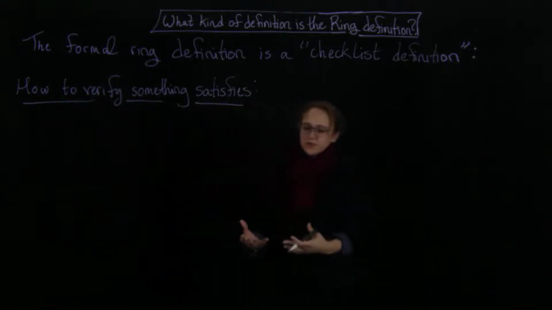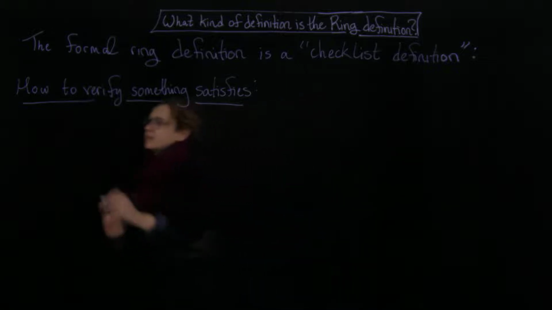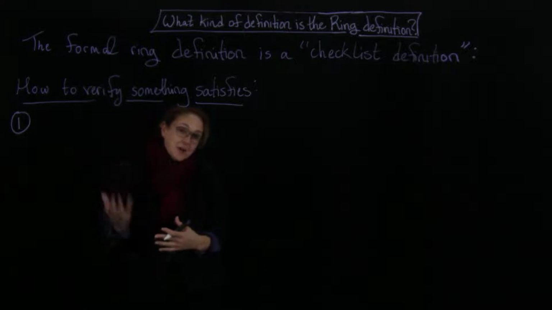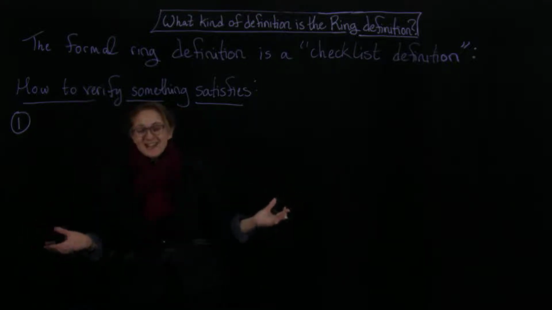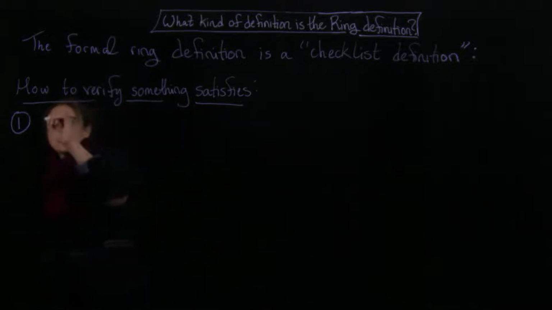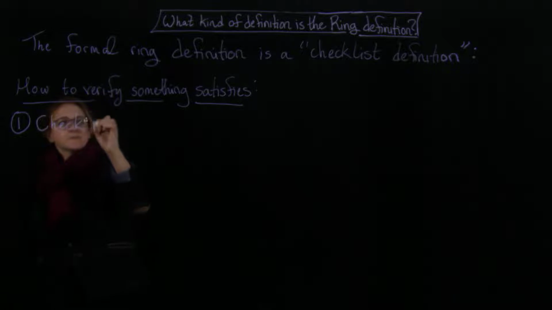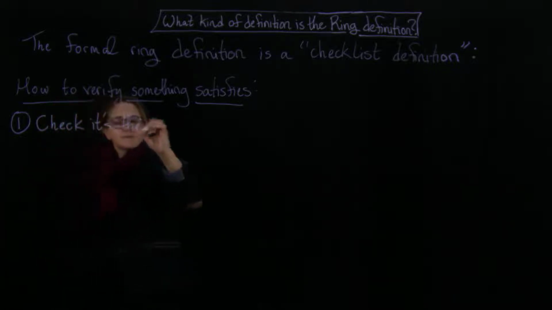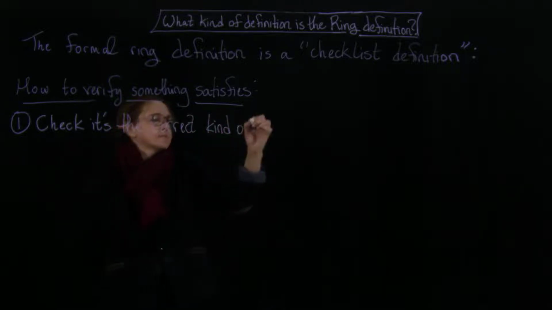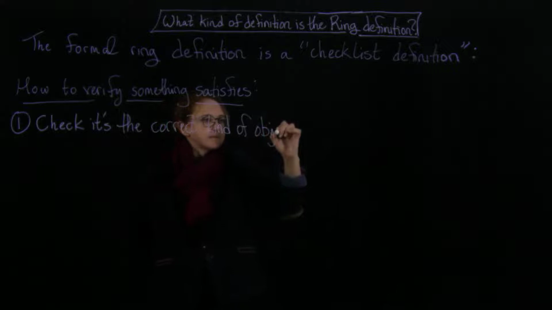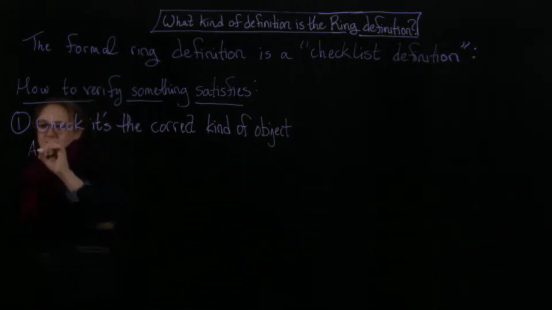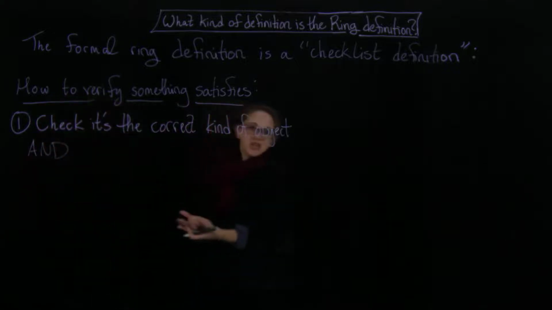Well, first you need to check it's the correct kind of object. If a definition is some kind of set, then you better make sure you're talking about a set and not a function, or something like this. So check it's the correct kind of object.